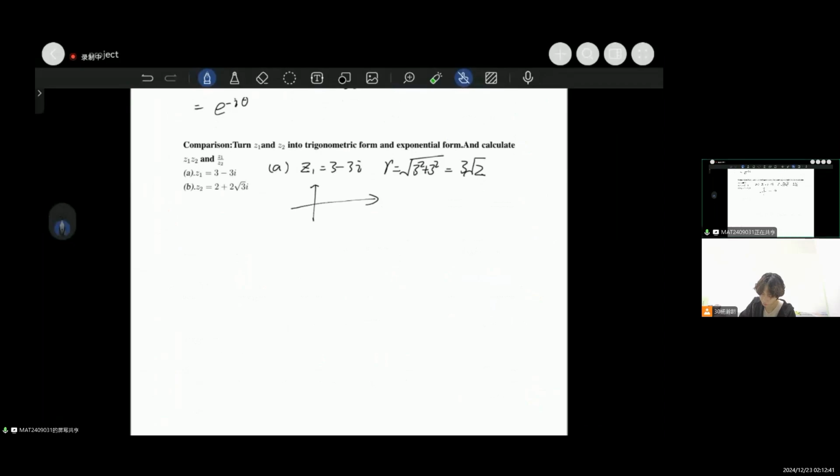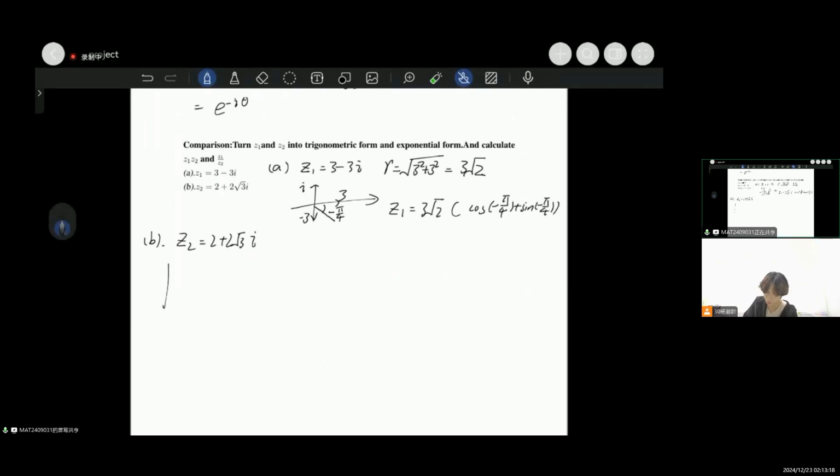The argument of z1 is minus pi over 4. So z1's trigonometric form is this.